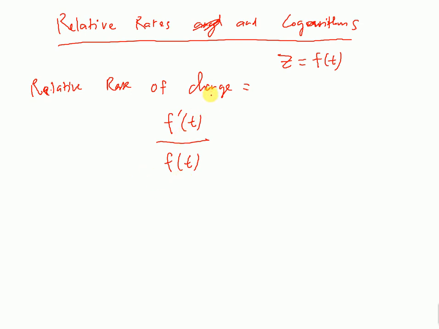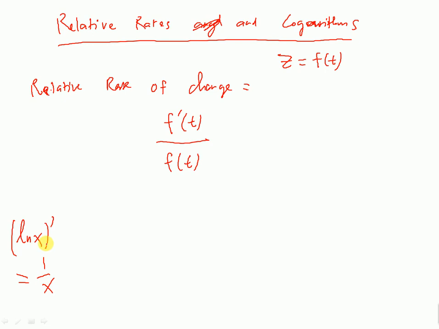Now remember, f prime is the same thing as z prime, and let me try to simplify this expression. From previous slides I showed you that if I have ln of x and I take the derivative, I get 1 over x.